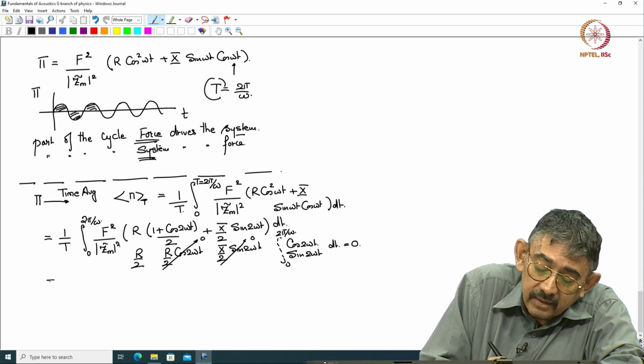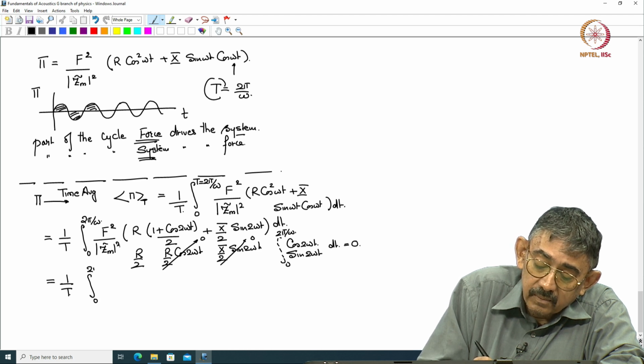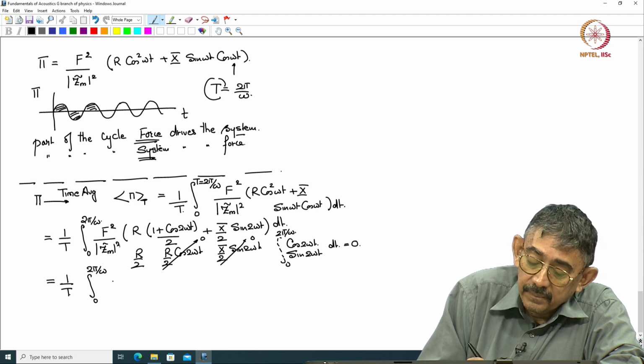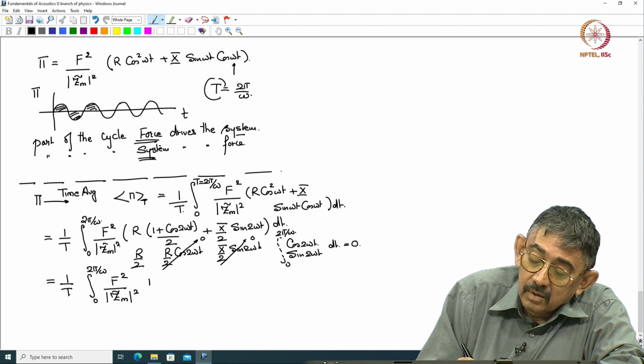And I am left with 1 over T integral 0 to 2π by omega F squared by magnitude of Z mechanical tilde squared into R by 2 dt.